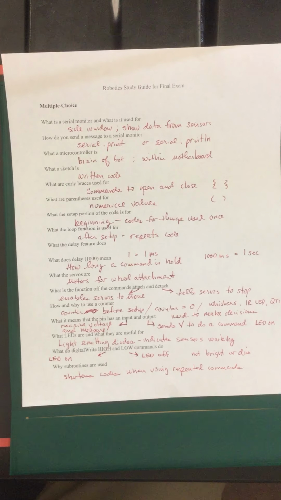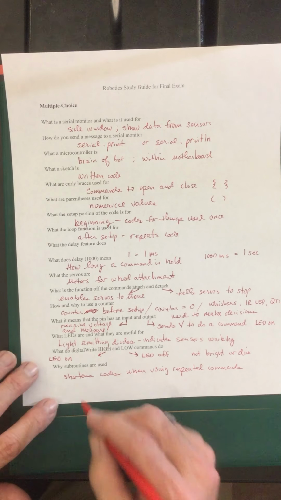So instead of coding for 1700, 1300 over and over again in each particular section, you can create a subroutine for that. And you can say, forward is going to be the name of my subroutine. These are usually after the loop.